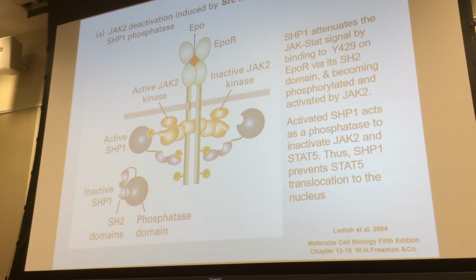Once it binds to this phosphotyrosine, it sort of rips this open, and now it allows the catalytic site to remove this phosphate from the JAK itself. So JAK is no longer going to be able to phosphorylate the receptor or other things that get bound to the receptor. So this is a very good way of eliminating our phosphotyrosine continuing on in this pathway.